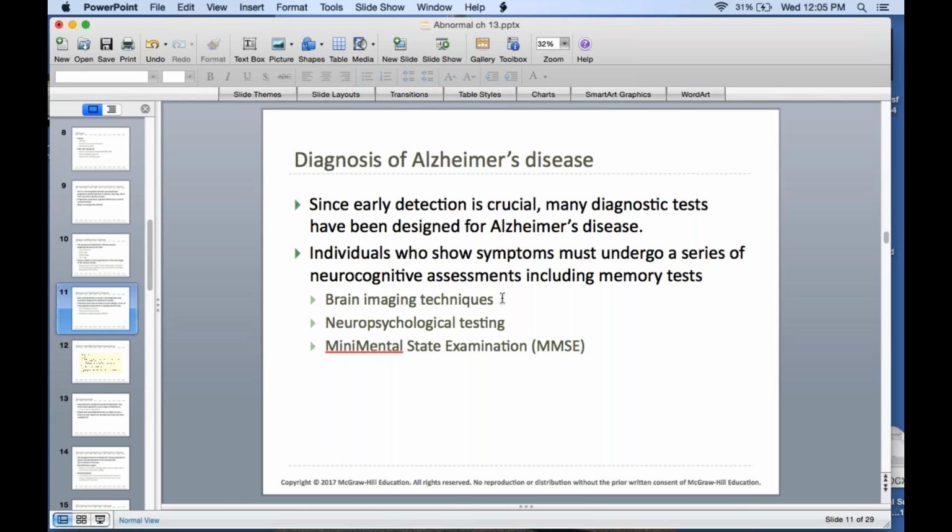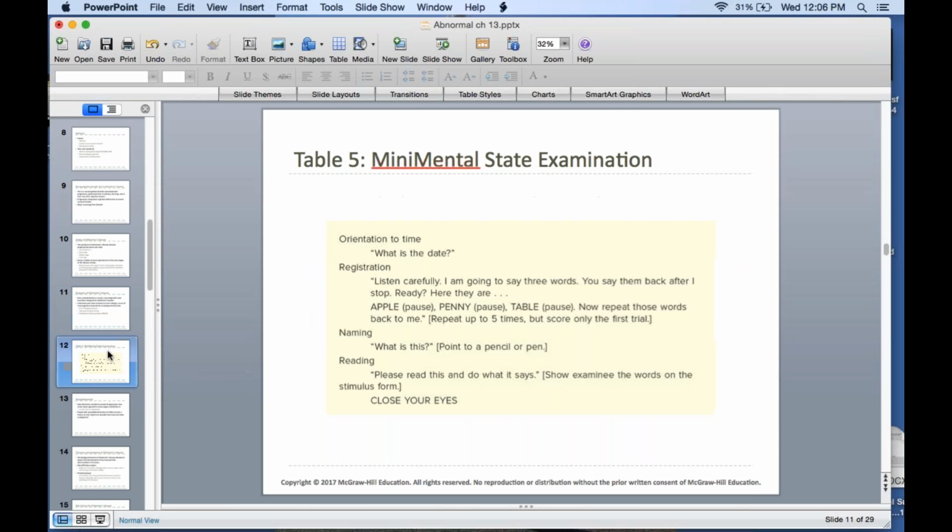You may need to look at the actual brain. We'll leave it at that. But we can see generally what's going on with behavioral psychological testing, and notice differences over time.